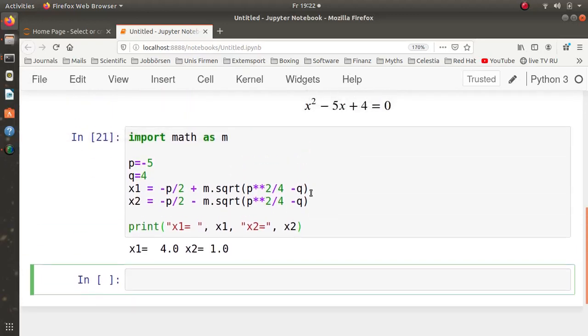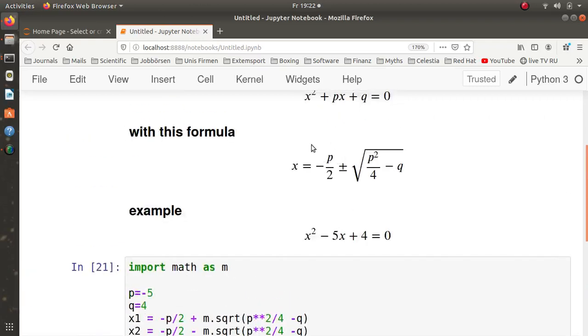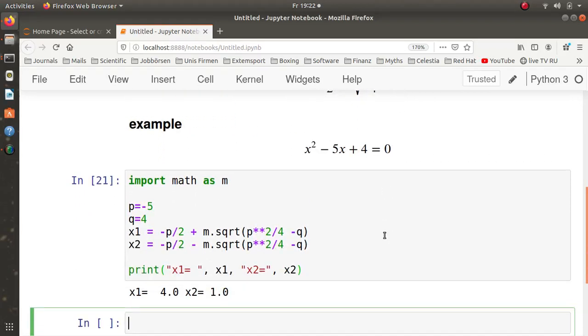Anyway, you see, you can implement several functions and you can use everything you have in the math library. And we have just implemented this formula by using the square root function of the math library.